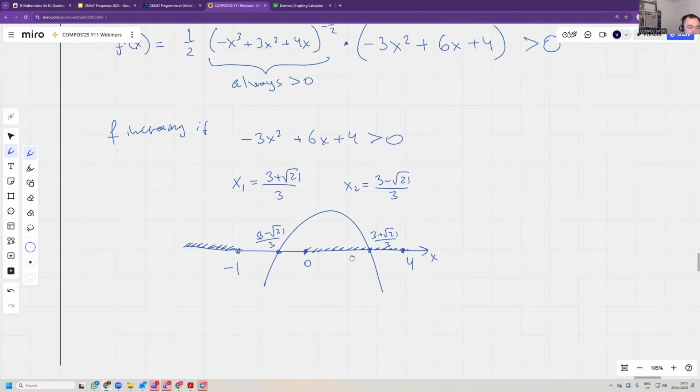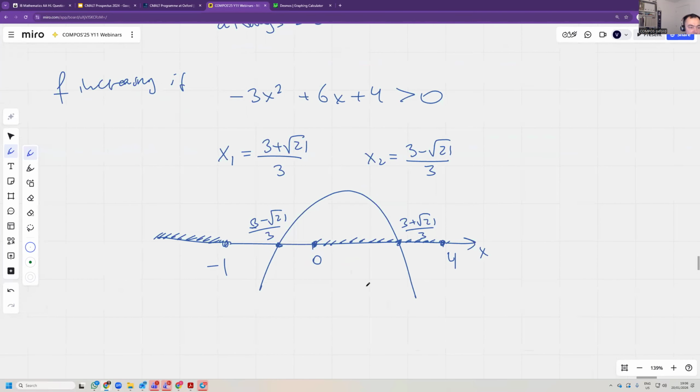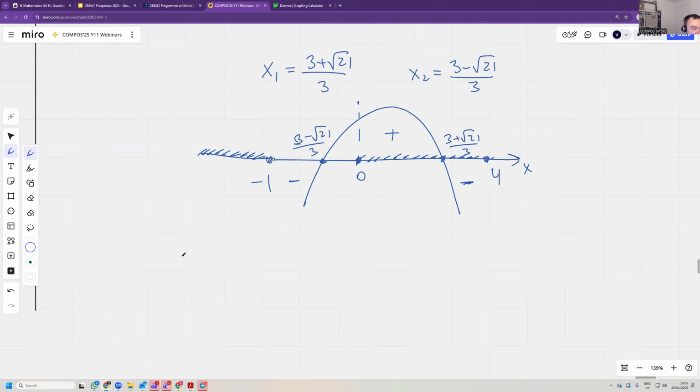And it's increasing on this interval. So it's increasing here. It's decreasing here. Right, so increasing when x is from 0 to 3 plus root 21 over 3.